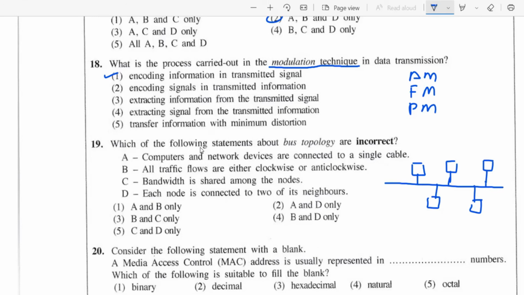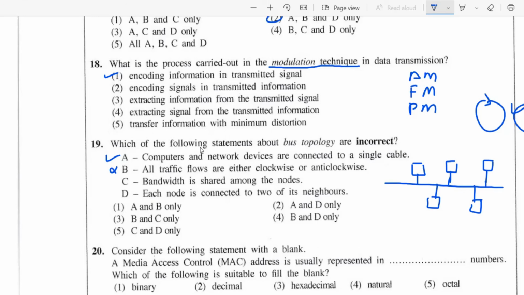A, computers and network devices are connected to a single cable. Yes, connected to a backbone cable. B, all traffic flows either clockwise or anti-clockwise. That means the traffic flows in circular motion. No, this can happen in ring topology, but not in bus topology.